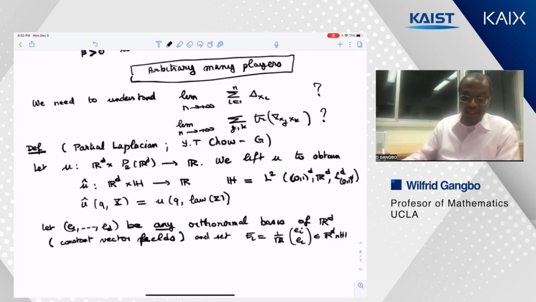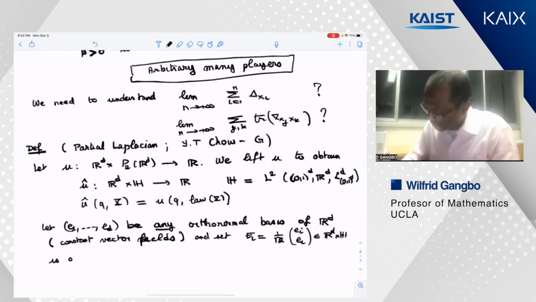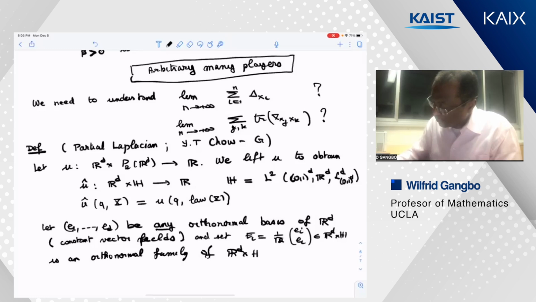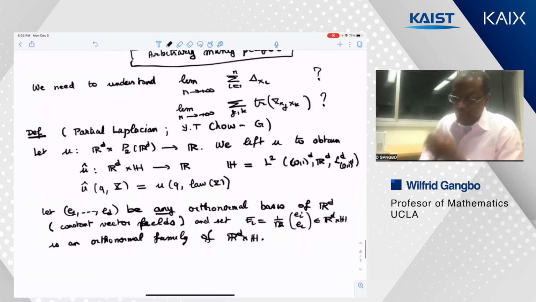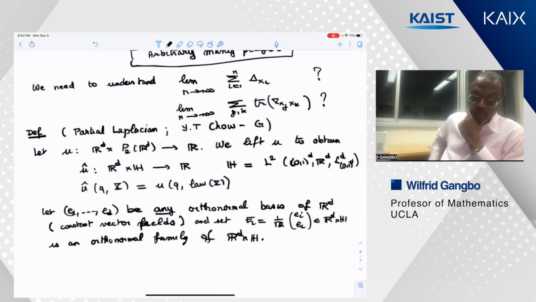You can check that this is an orthonormal family of Rd cross H, with, you can guess, the inner product on the product space.